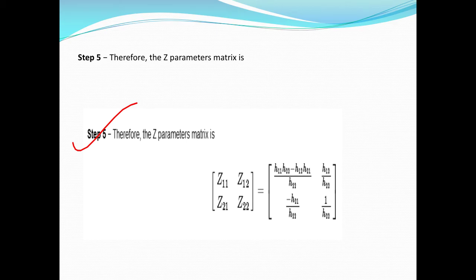So using matrix form, we can find the value of Z11, Z12, Z21 and Z22.